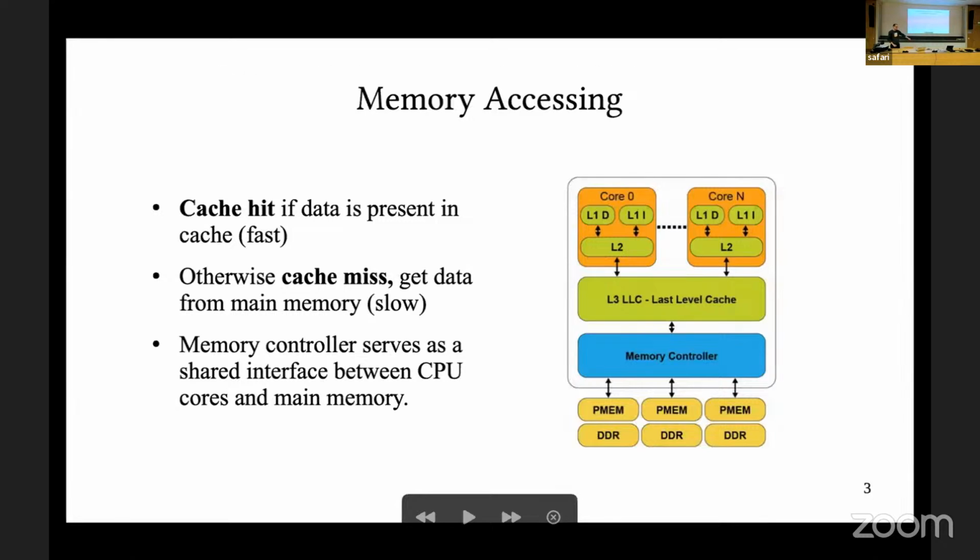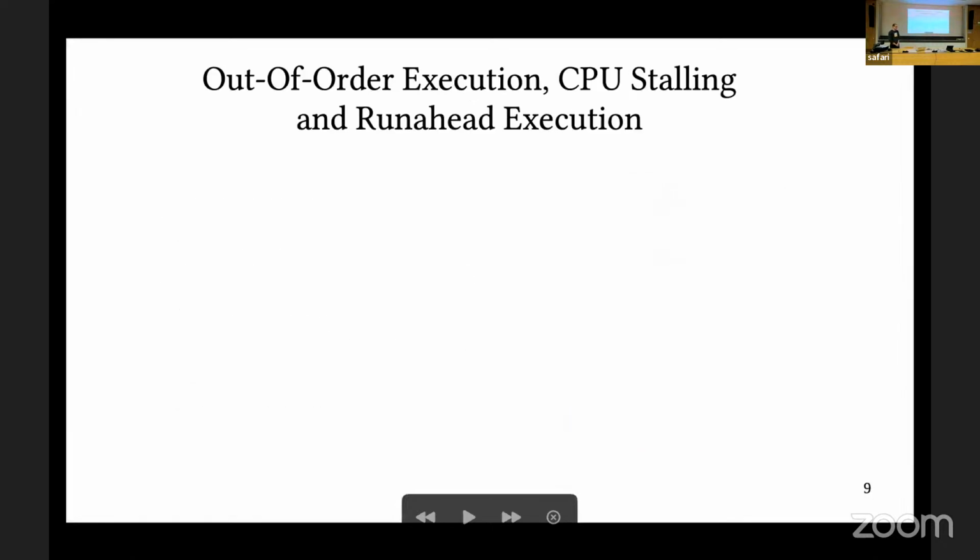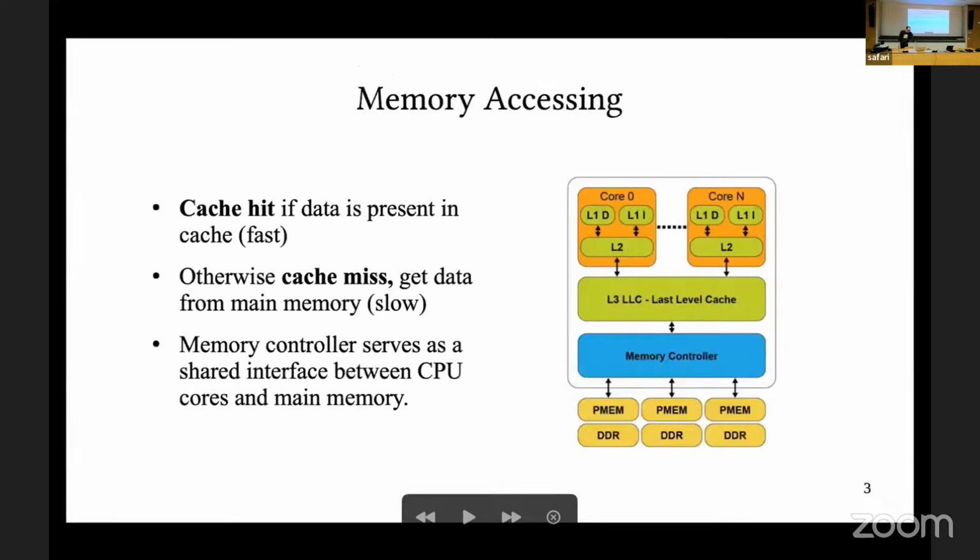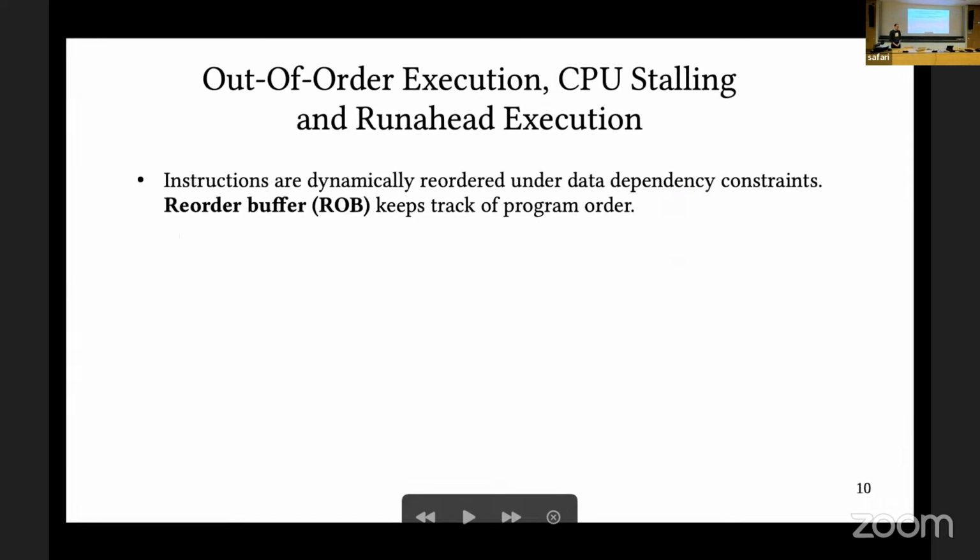Okay, some more CPU terms and optimizations. For one is out-of-order execution, which, as the name suggests, basically says that the CPU can execute instructions in any order it wants. If it sees a slow, high-latency operation, it can move forward instructions that already have their source registers ready.